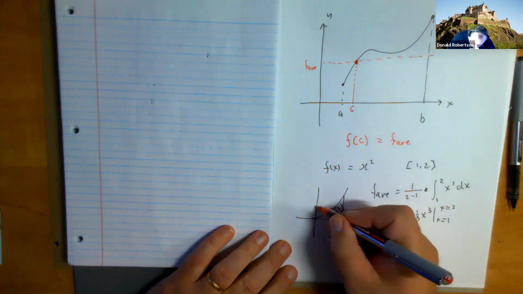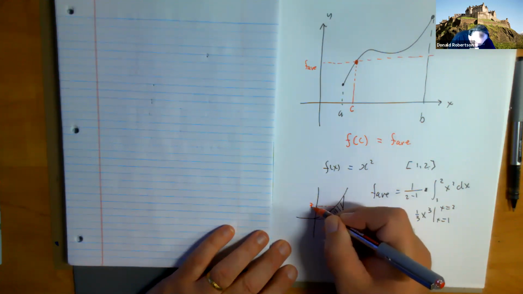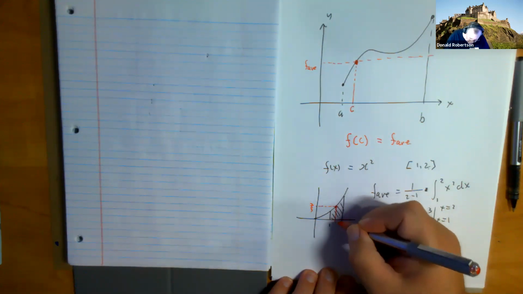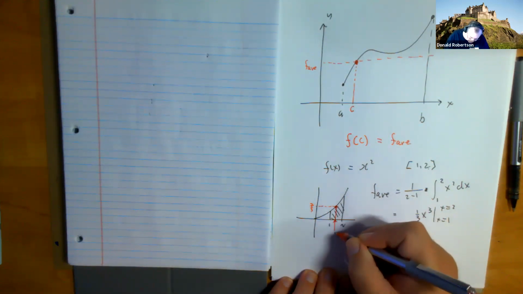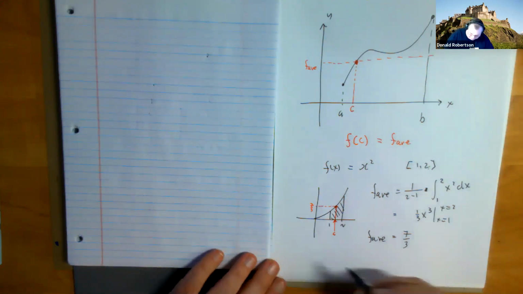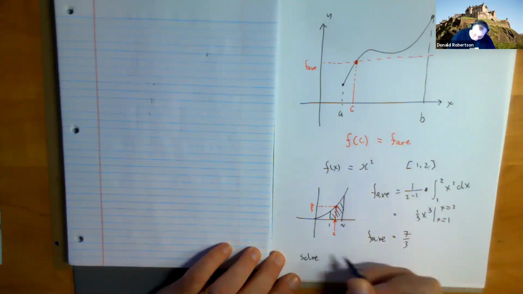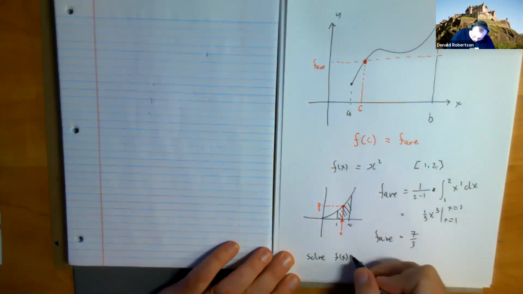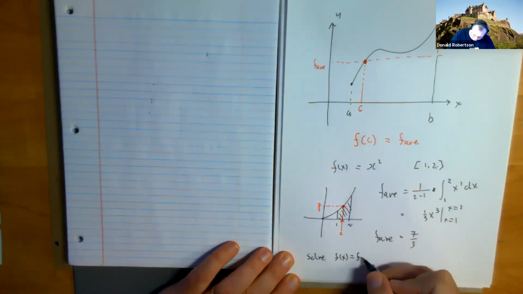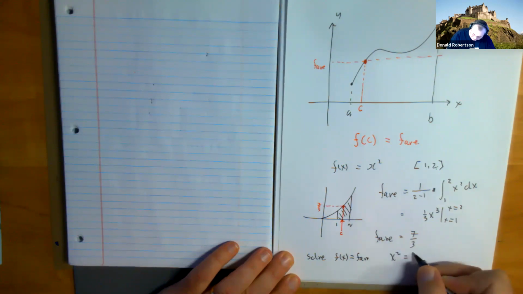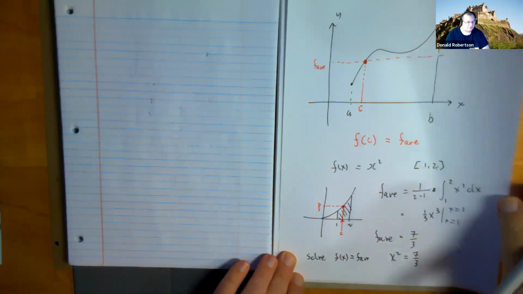So can you imagine somewhere around about here, you get 7/3. Our last piece of the puzzle is to find the x coordinate, the C value that has this property. So what I am trying to do is solve when is the function equal to its average value. So when is the function, which is x squared, equal to its average value, 7/3?